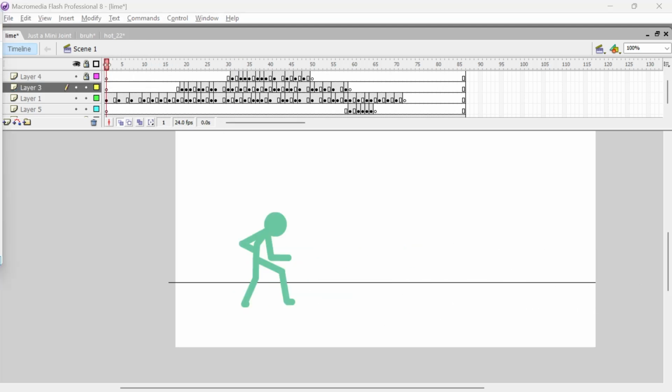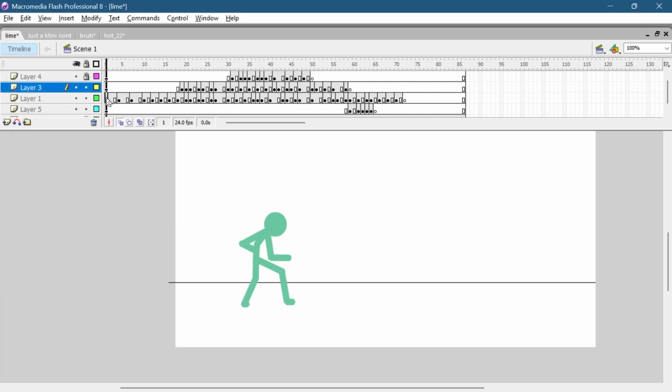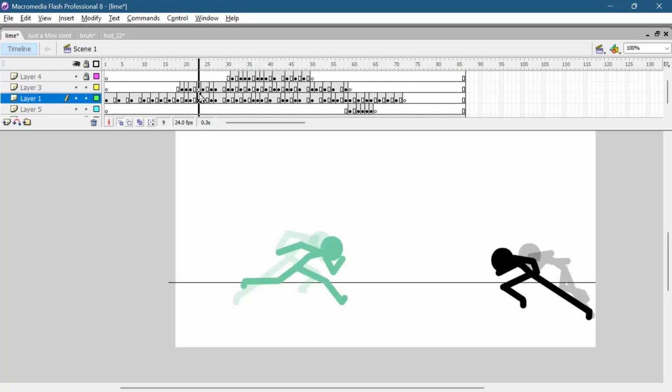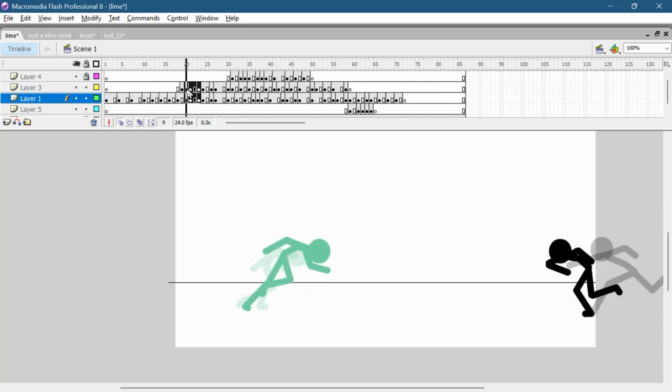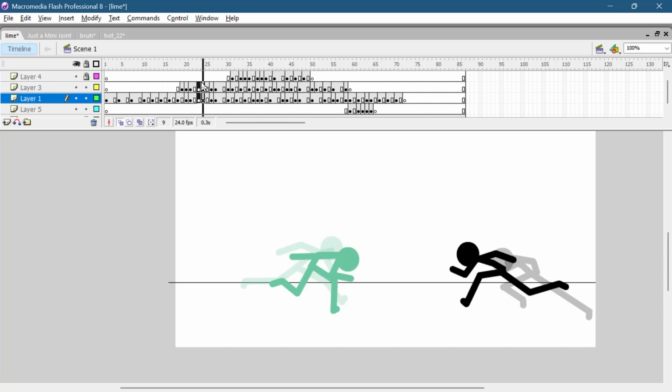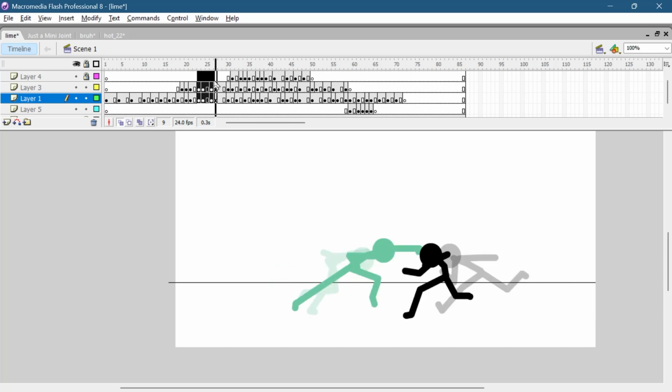Okay, so I hope you understood that timing refers to how much you space out the frames in your timeline, and spacing refers to how much time you skip in the movement in your space line.